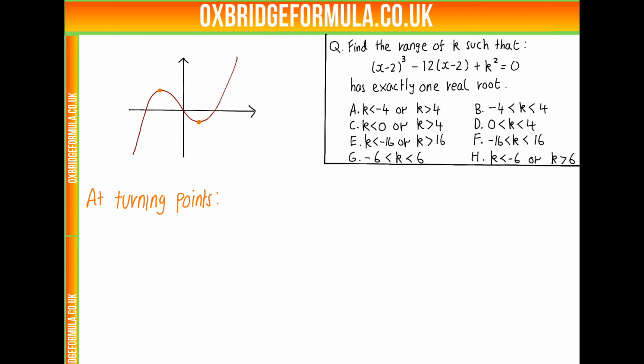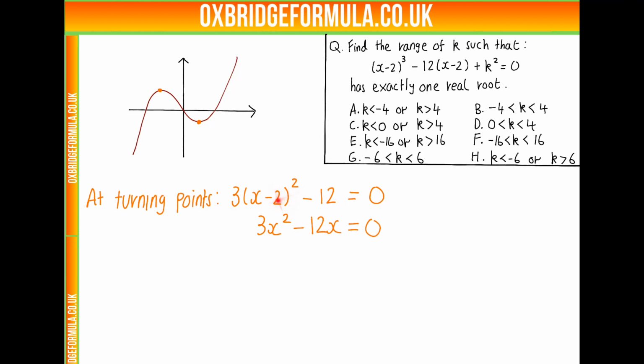So let's find these turning points. At the turning point, we know the derivative of (x − 2)^3 − 12(x − 2) + k^2 needs to be 0. So differentiating that, we have 3(x − 2)^2 − 12, and then the rest of this disappears, equal to 0. So we need to expand this, so we'll get 3x^2 − 12x, because we get −4x from expanding the bracket, times 3.